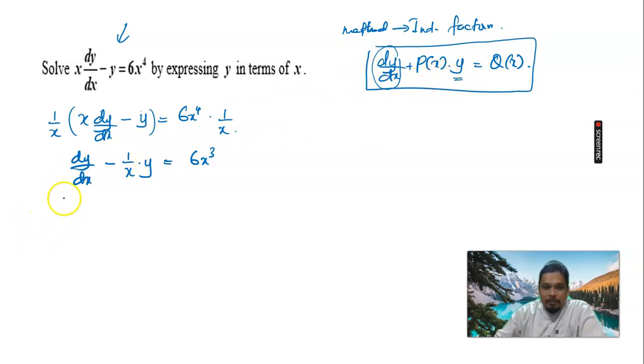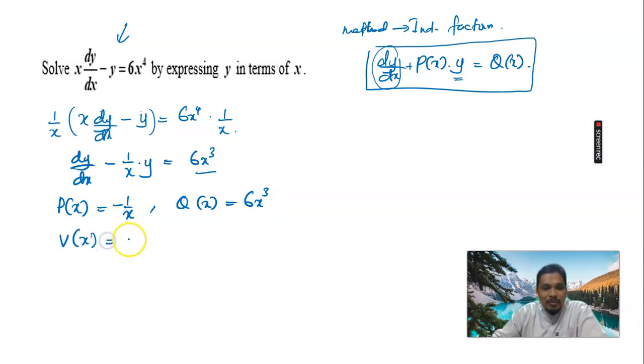Now we do our next part, which is to write down p(x), which is negative 1 over x, and q(x) equal to 6x cubed. Then we find the integrating factor, which is e to the power of the integral of negative 1 over x dx.